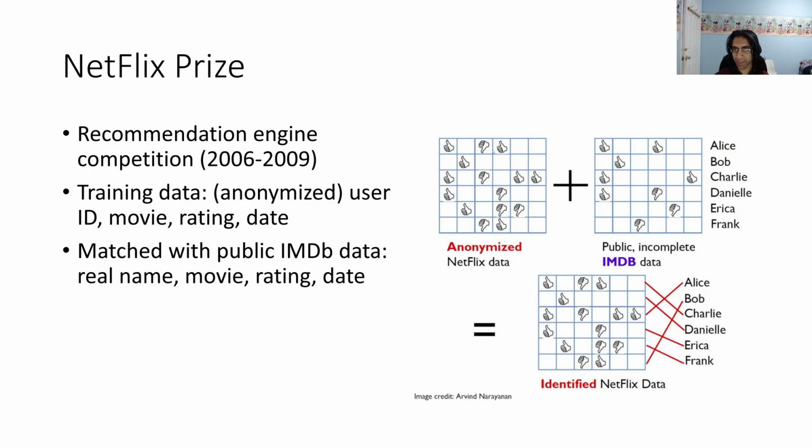And you can imagine that the anonymized Netflix data is going to resemble this thing on the right. It's not going to be perfect. It's going to be a little bit noisy. For example, someone might not have reviewed a certain movie on IMDb where they did on Netflix, or vice versa. There might be some differences, but generally there should be a strong correlation between individuals' posts on IMDb and Netflix.